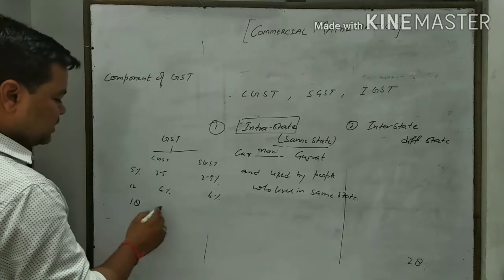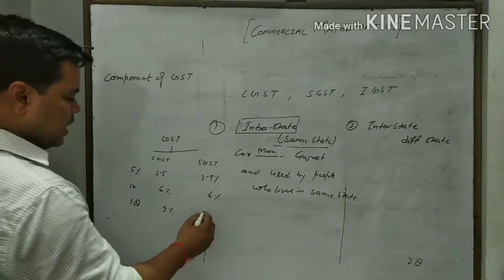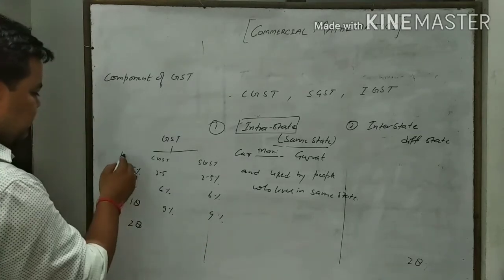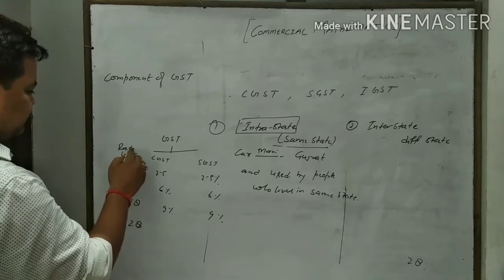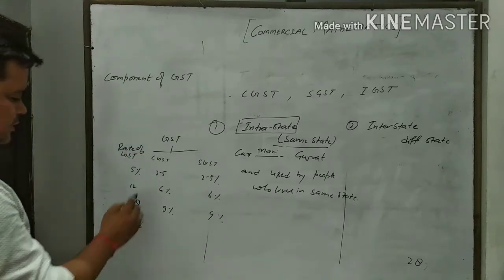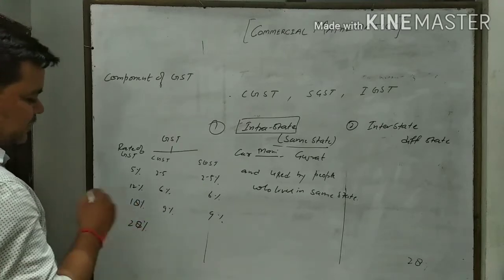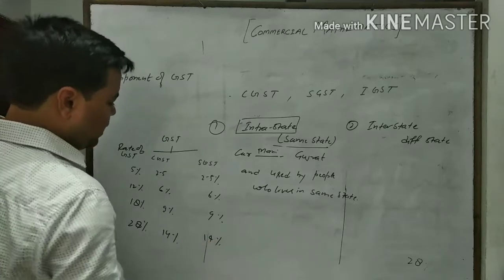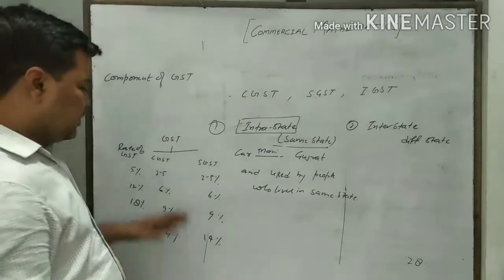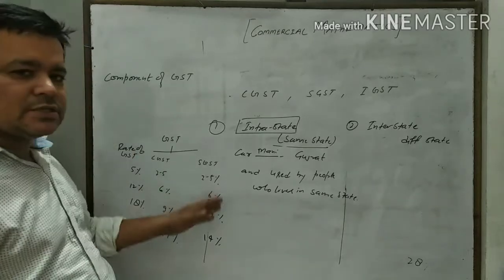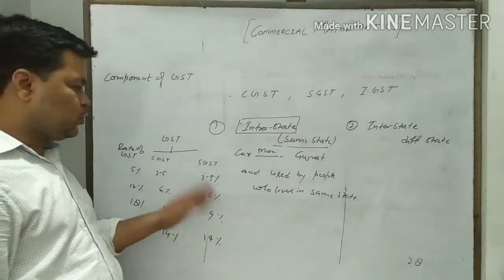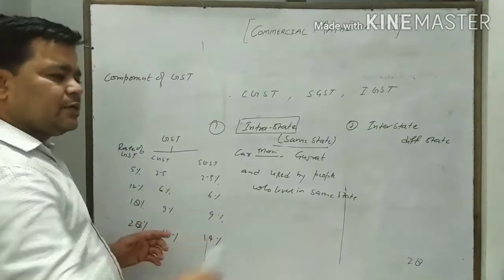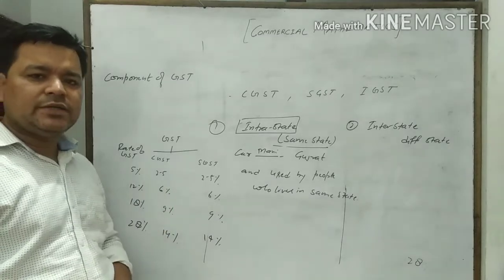If it is 18%, then 9% for CGST and 9% for SGST. If the rate of GST is 28%, then 14% for CGST and 14% for SGST. In this way we can calculate GST, and finally the consumer has to pay the amount of GST. They are divided to the central government and state government.